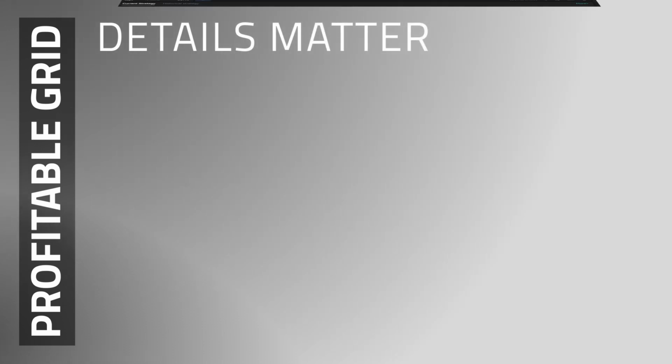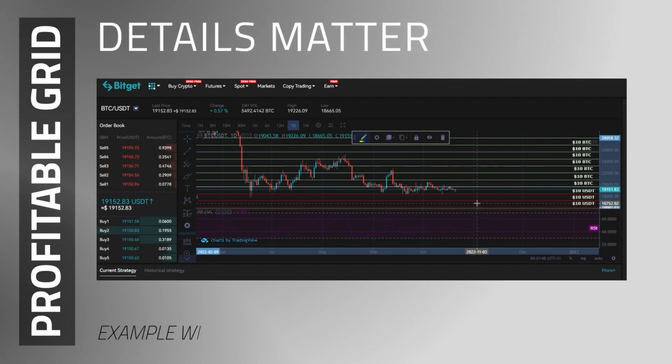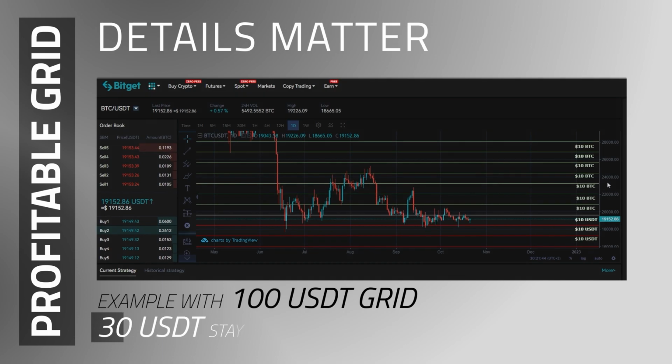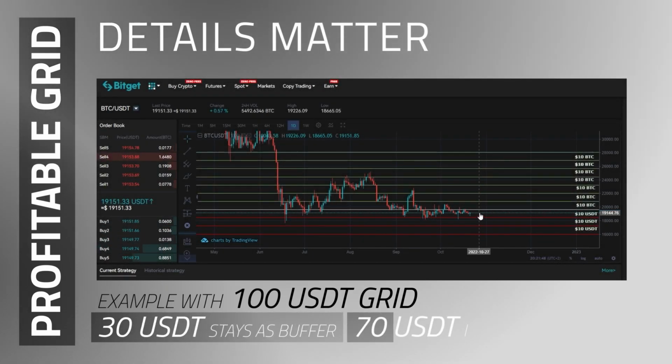So, how to make grid trading profitable? When it comes to profitability, it is important to understand the fine details of grid trading and what it does. So basically, when you start the grid, your allocated asset is split. The part which is below the current price remains in USDT, and the rest is used to buy the asset at the current price.